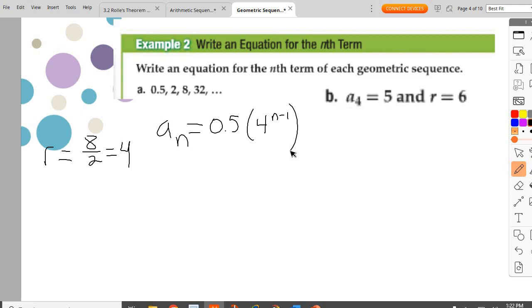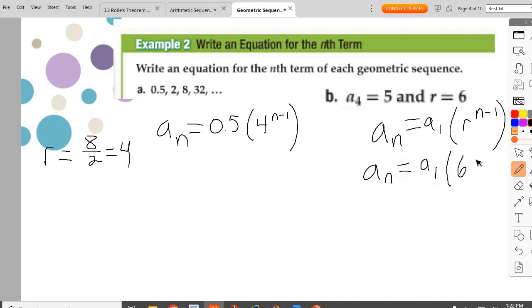Questions? Alright, what's different about our next one? They give us an r, which means it's still geometric. But what's different? It gives us the fourth term this time instead of the first term. Do we need the first term? Yeah, for our formula. So what could we do instead?